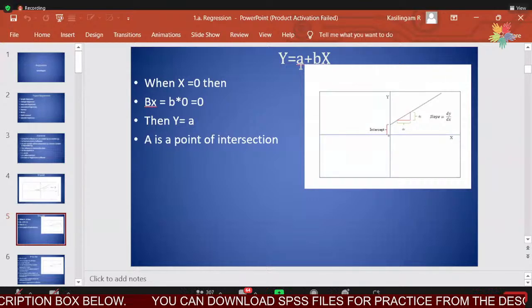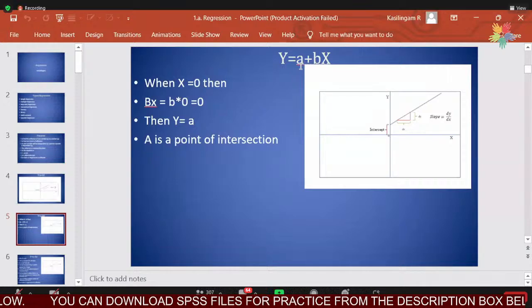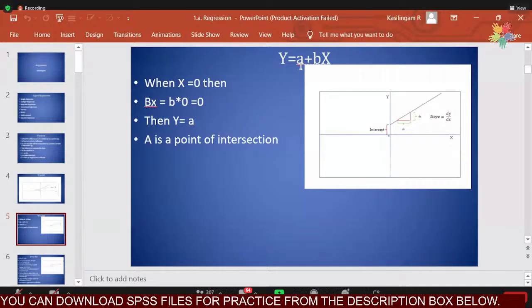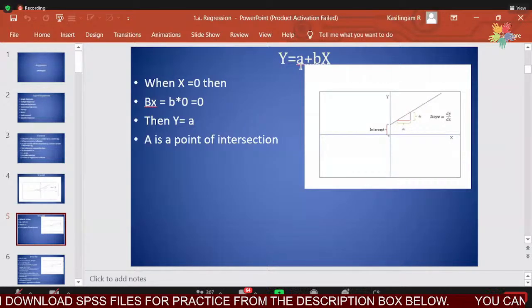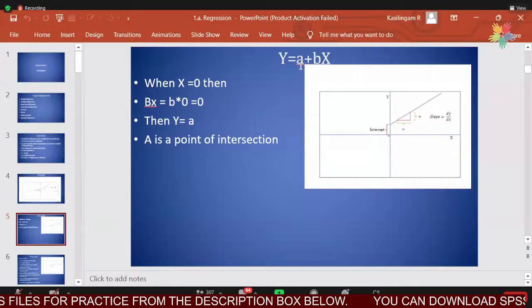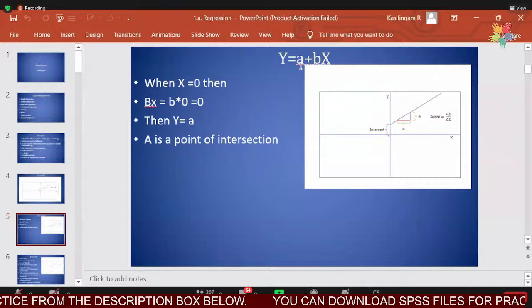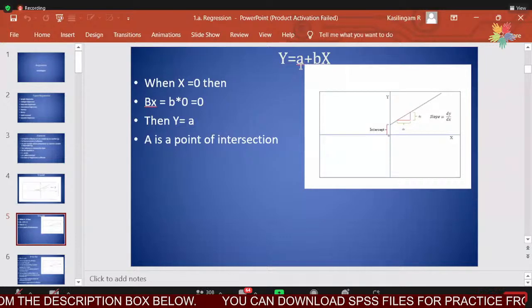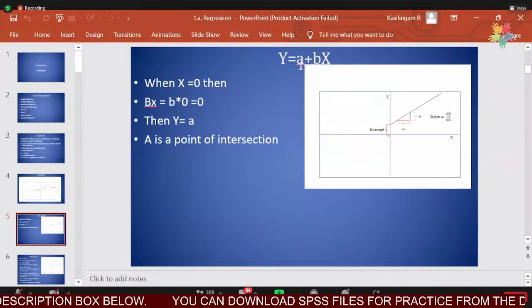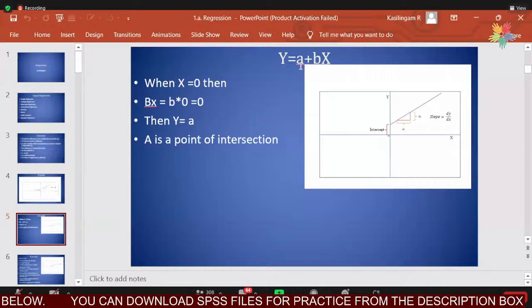Irrespective of x being zero, you will get some y. That is called a. It is like getting some marks even without studying. Even when nothing is available in the independent variable, you will get something. That is called a.